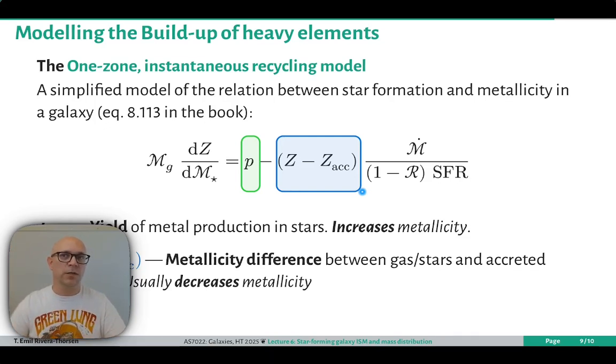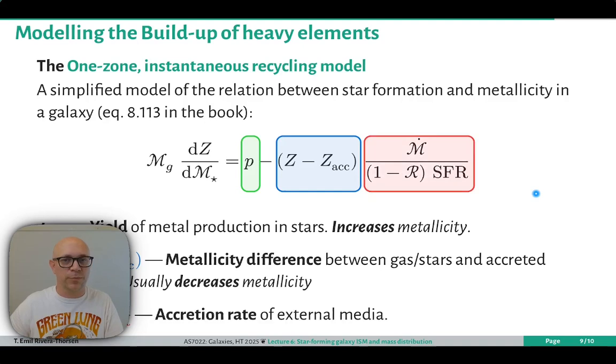It will mix with the existing ISM in the galaxy, and it will usually be decreasing the metallicity. We could devise a scenario in which this accreting gas was actually of higher metallicity than the ISM in the galaxy, but this doesn't really happen in practice. So this would be a contrived example.